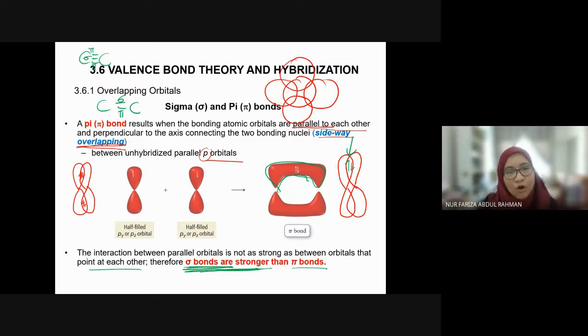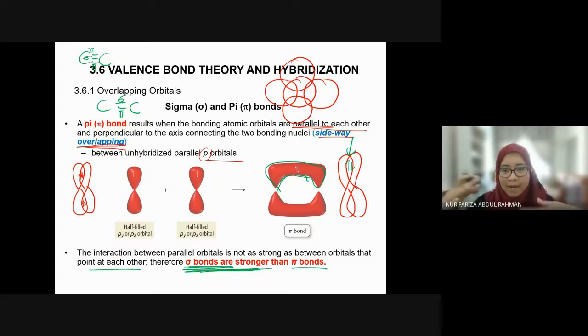Which will have stronger impact? By right, yang berlanggar face to face lah, yang directly ni berlanggar depan dengan depan, dia punya impact is stronger compared to kalau you langgar sisi. Kan, damage is still there but it's not as bad compared to kalau you collide, okay, face to face ataupun end to end.